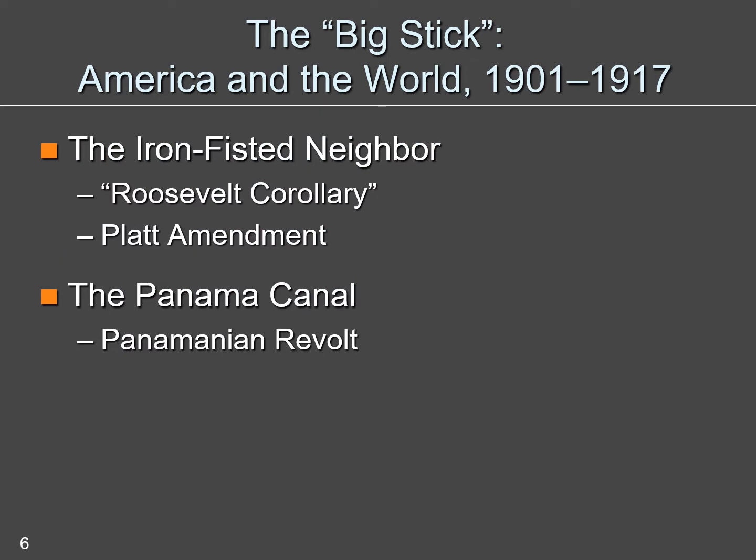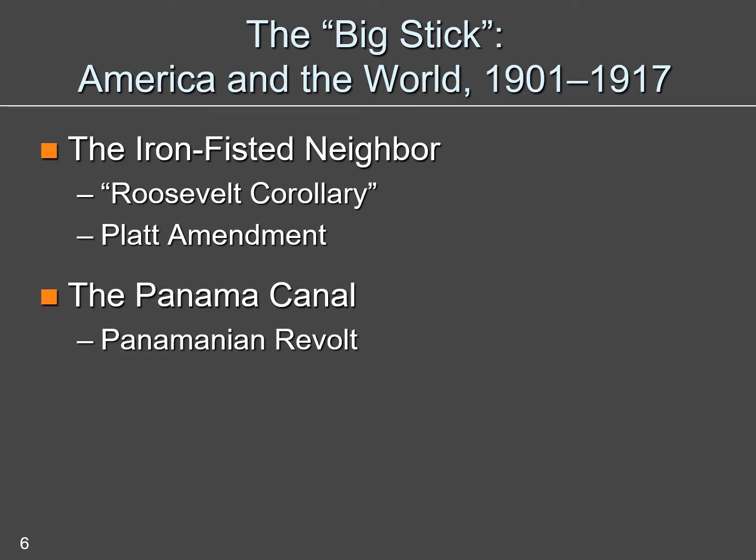Okay, we've talked about this before here, and the Roosevelt Corollary is an offshoot to the Monroe Doctrine. Monroe Doctrine says European powers stay out. What happened here in the early 1900s is European powers such as Germany were threatening to come in and get their money that was owed to them by some of the Latin American countries, Dominican Republic being the first one.